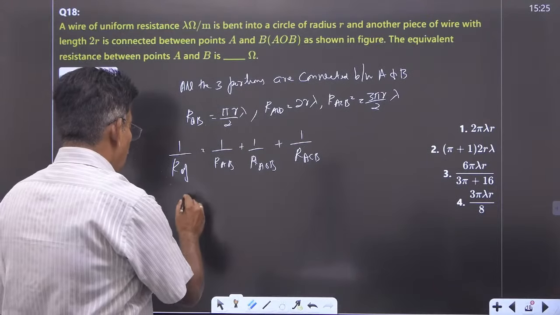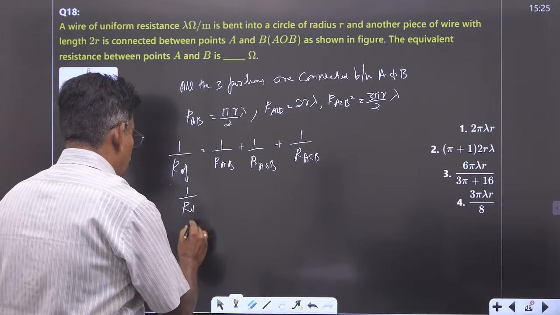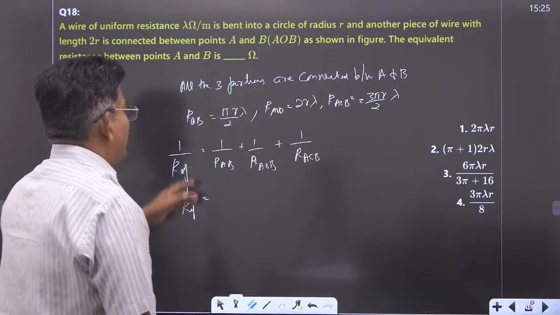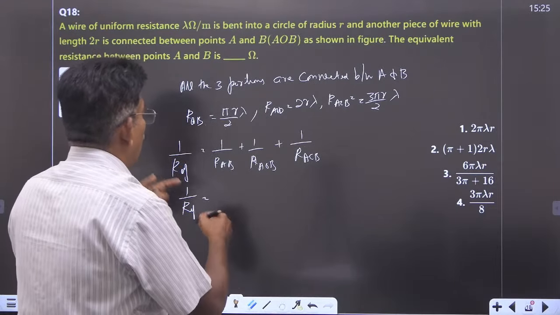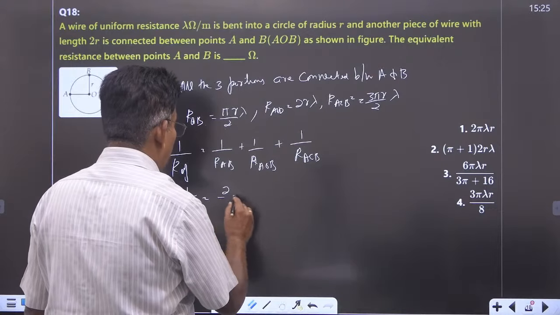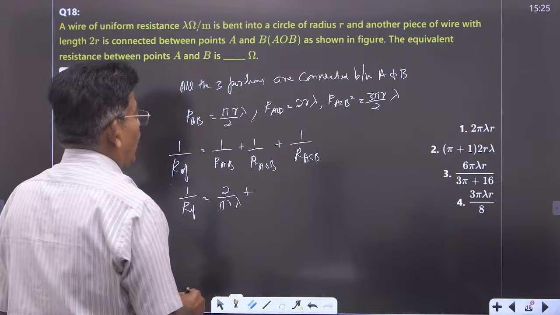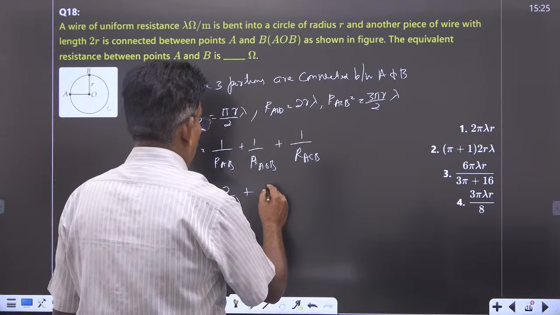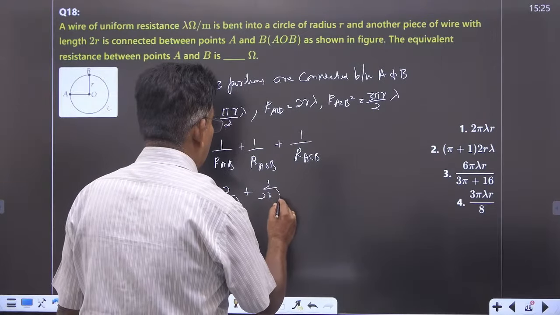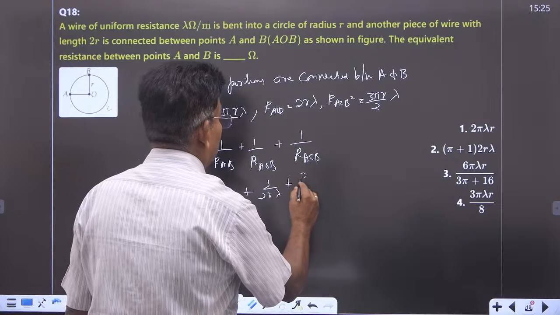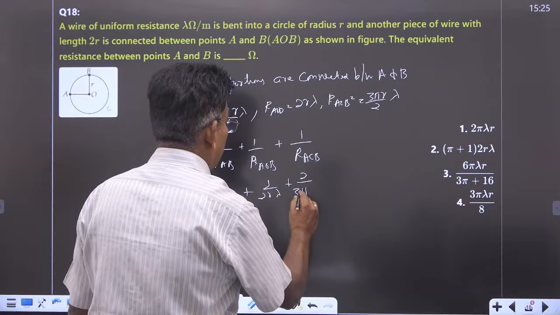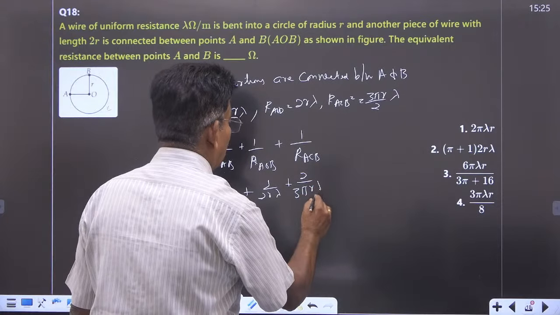Now tell me, 1 by R effective is equal to how much? 1 by R_AB, who will go to the numerator? 2 divided by pi R lambda, plus then 1 by 2R lambda, plus 2 by 3 pi R lambda.